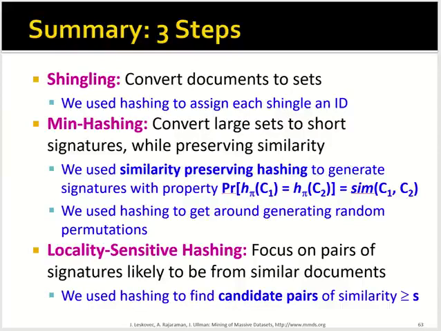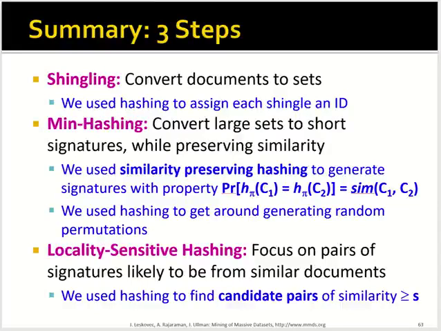This conversion still preserves the similarity between different columns of different documents, as we had already proved: the probability that the min hash of C1 and C2 agree equals the similarity of C1 and C2.